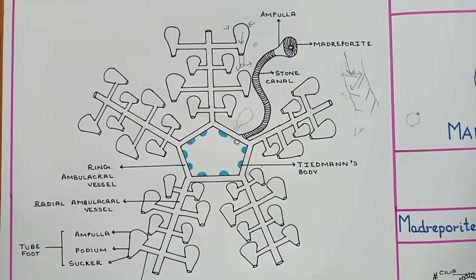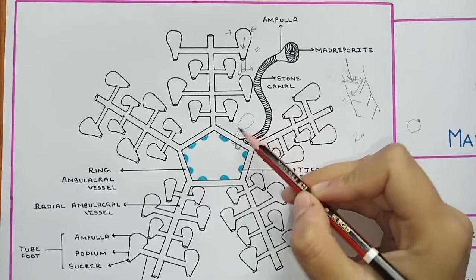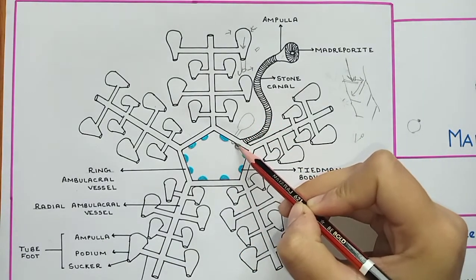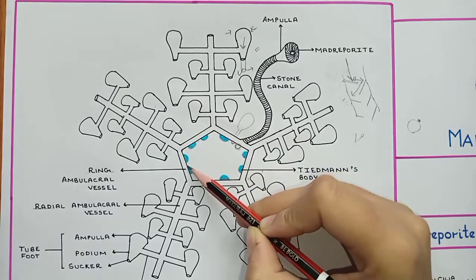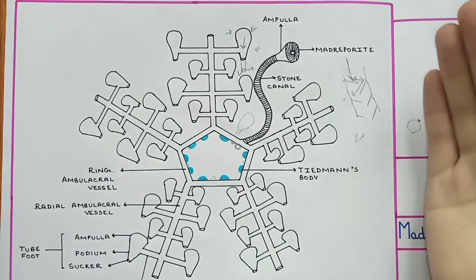Now except for class Asteroidea, in the other echinoderms the water vascular system consists of Polian vesicles. Okay, and they are pear shaped. They also arise from the inner margin. They might vary in number, so 1, 2, 4.